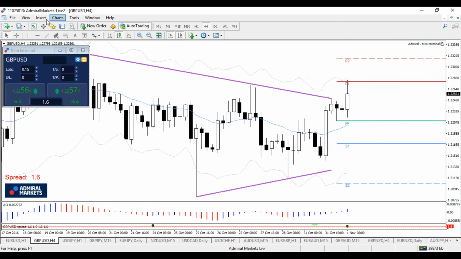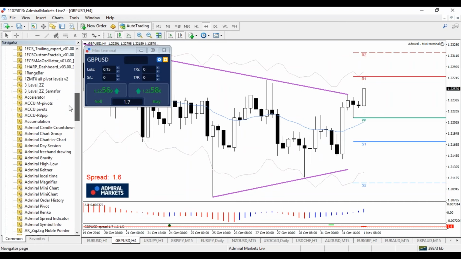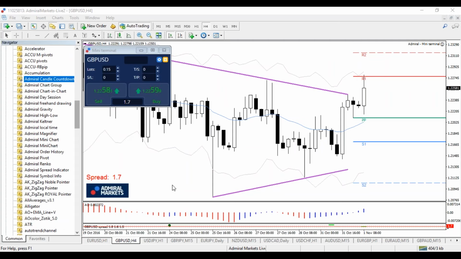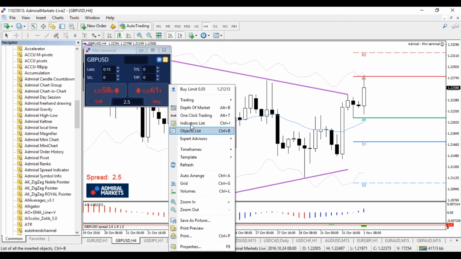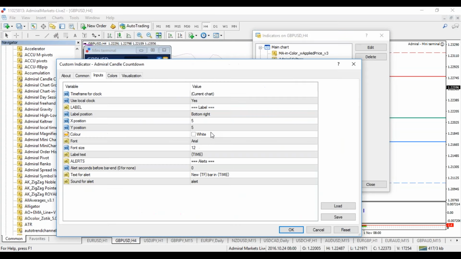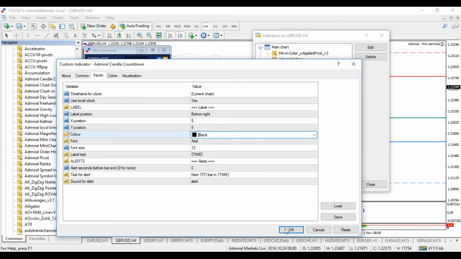Let's take a look at how long this 4 hour candle has left. One second, I forgot to change the color here.